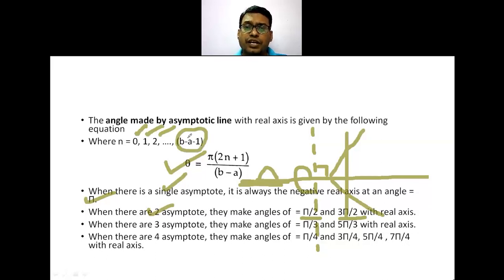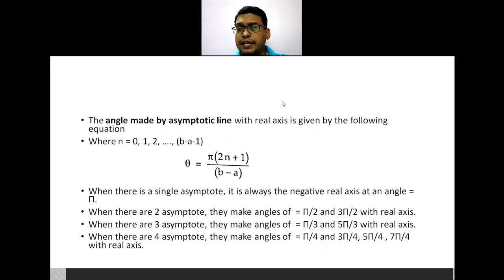So if b is 3 and a is 1, that is 3 minus 1, which is 2, and 2 minus 1 is 1. So up to 1, that means there are 0 and 1. So it will have two asymptotes, which will make an angle of pi by 2 and 3 pi by 2. This is related to the angle made by asymptotic lines with the real axis.